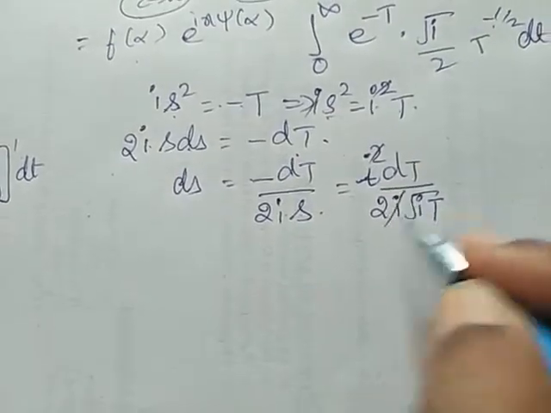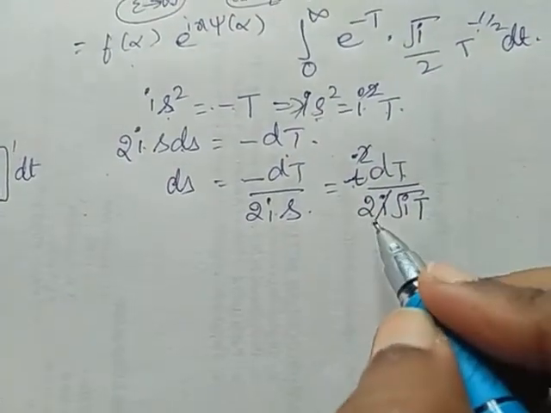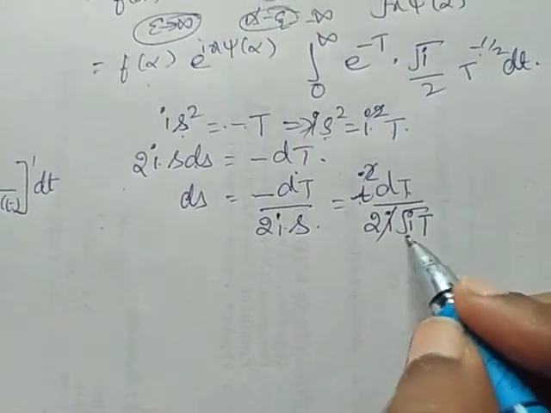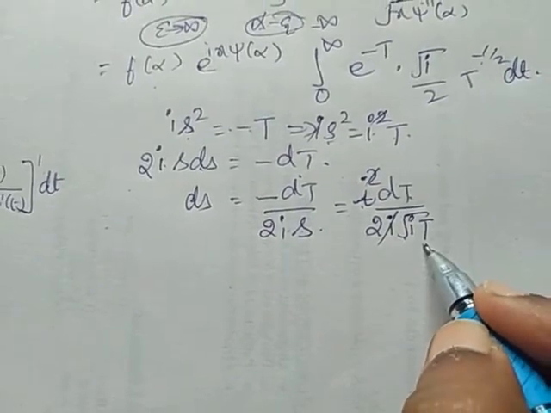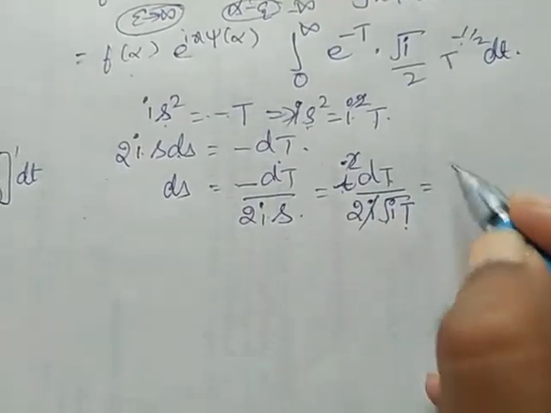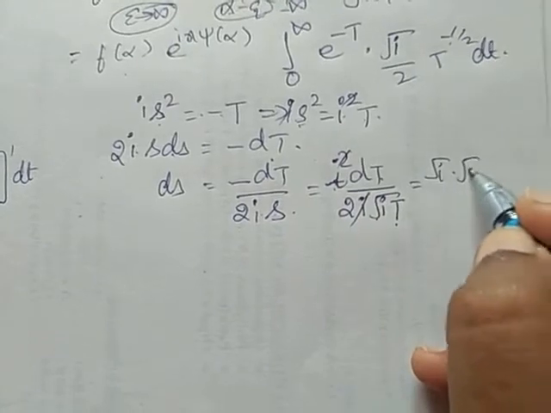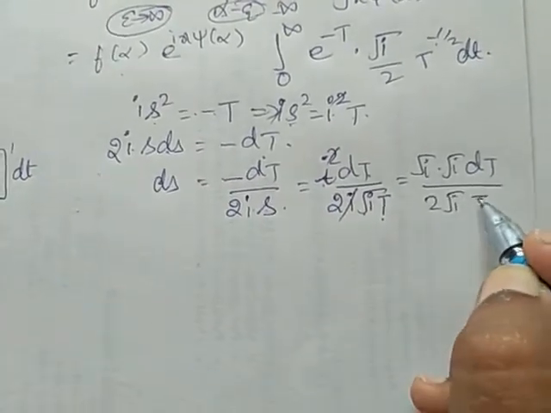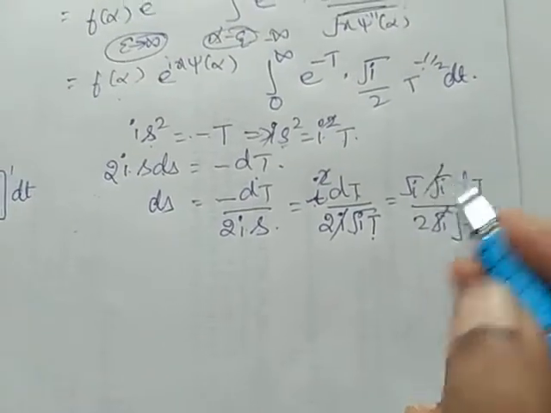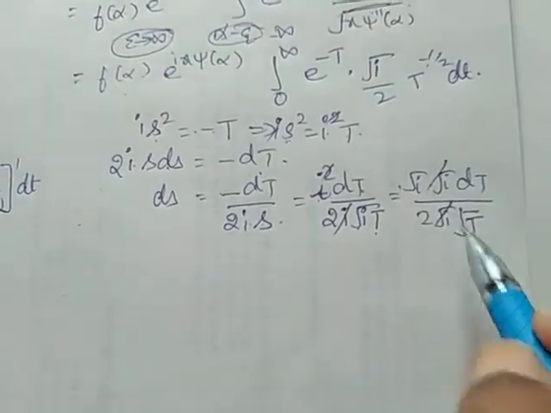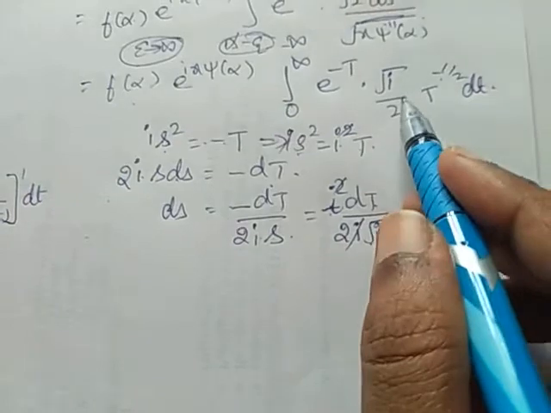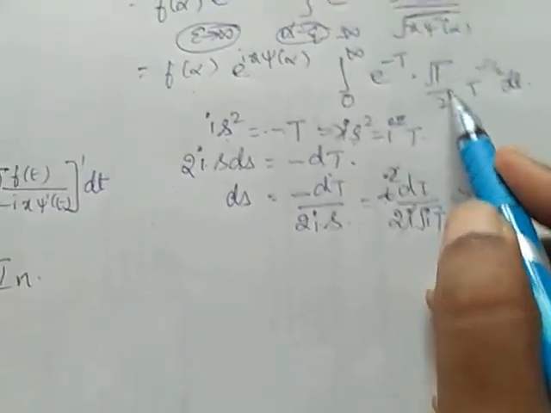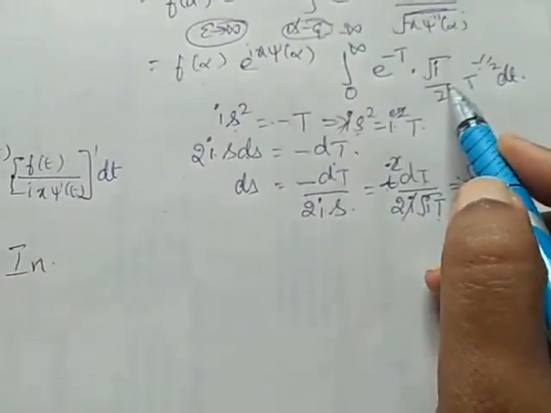Therefore i will get cancelled. I am having i dt by 2 root i t. This I can write as root i into root i dt by 2 root i into root t. So now I am having root i by root t into 2. That's what I have written here, just by the substitution method.